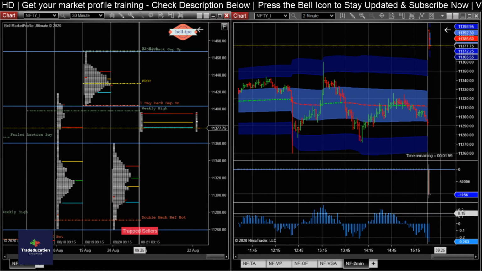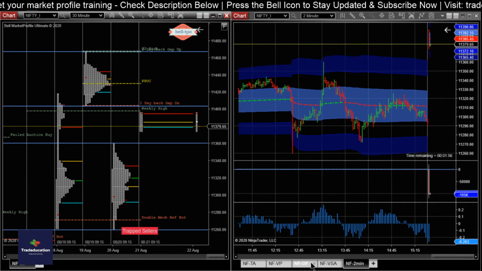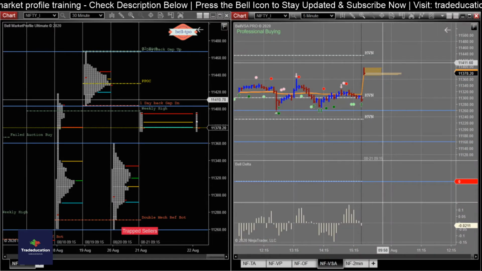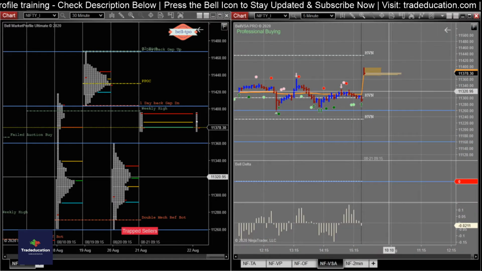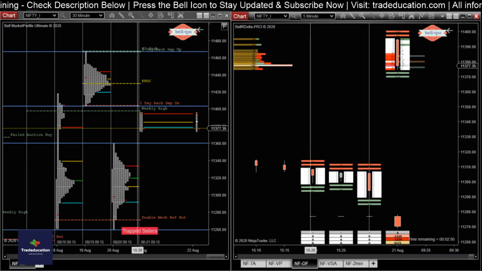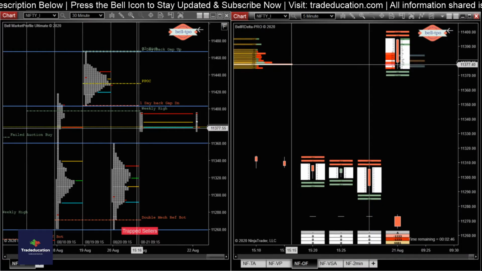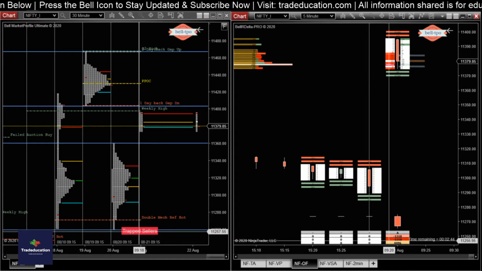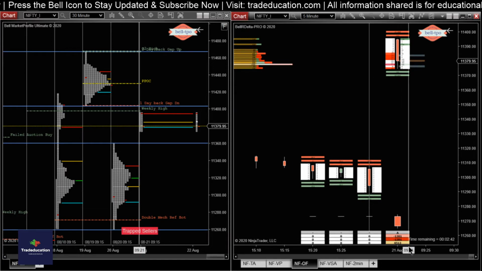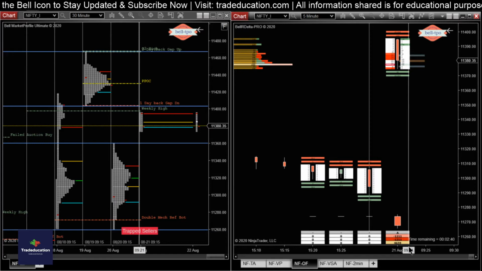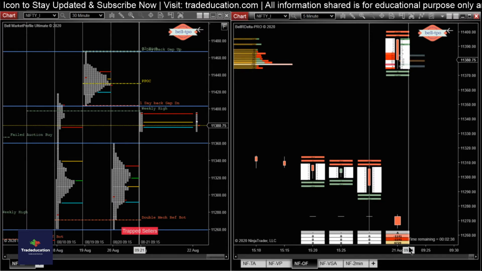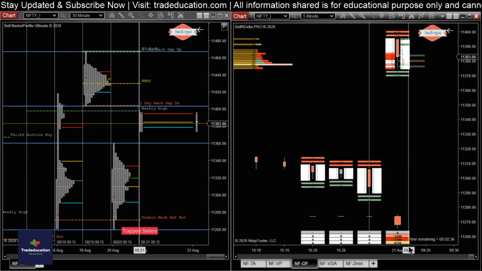Big gap up, delta is negative, balance of power is negative. Neither of the HVNs have been tagged, so no clarity in the direction. Sellers are pretty strong. 4,000 contracts traded. We still have 2 minutes to go for this 5-minute auction to close.